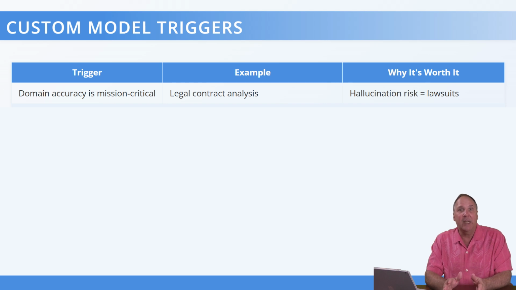So for example, a legal document analysis. The cost of a hallucination here is lawsuits. So you would want to fine-tune a model on thousands of real contracts from your firm. It learns your specific language and your tone, as well as your risk patterns and your edge cases. The upfront investment is worth it because the cost of failure is enormous.